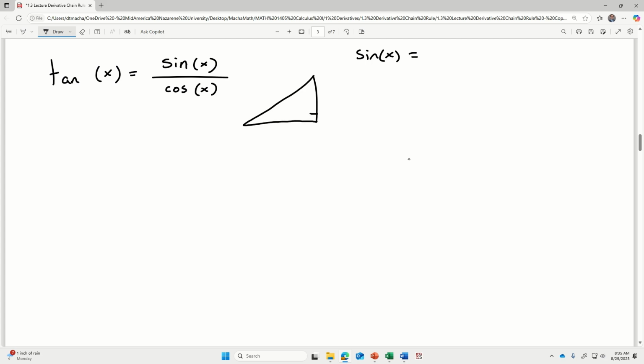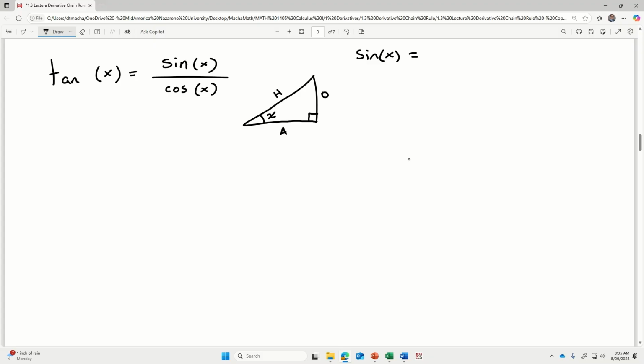So one thing you should know is that tangent of x is the same thing as sine of x divided by cosine of x. And this is because sine of x, when I define it in geometric terms, we're talking about a right triangle with an angle x. This is the opposite side, this is the adjacent side, and this is the hypotenuse.